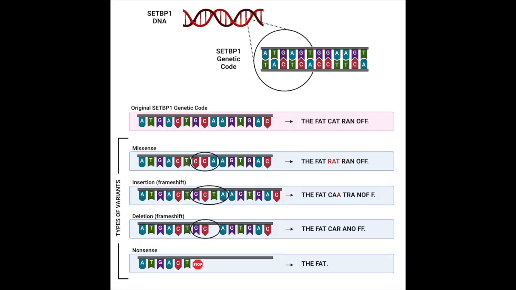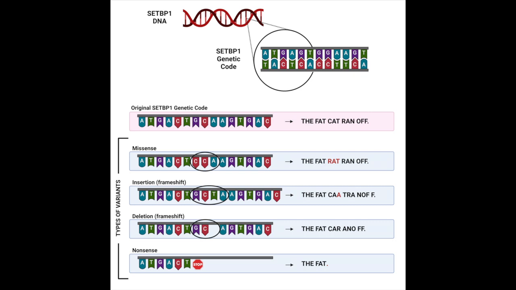So let the SETBP1 DNA, which is represented as a genetic code with the four letters A, T, C, and G, be represented by the sentence, "The fat cat ran off." When different variants are introduced, such as a substitution, in this case a missense in the first scenario, we see that a different letter or amino acid is being used that changes the meaning of the sentence to now be "the fat rat ran off."